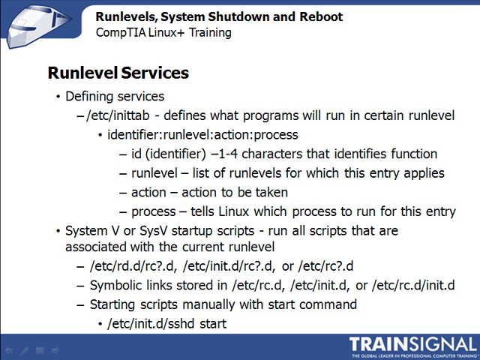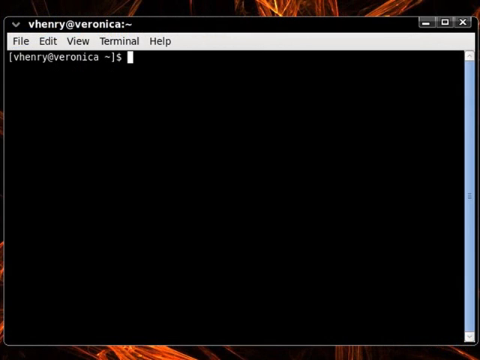At this point, let's switch over to our terminal window and take a look at the contents again of the /etc/inittab file. At the command prompt, let's type in cat, which again displays the contents of a file, followed by a space, /etc/inittab.